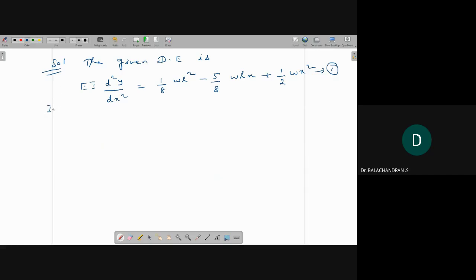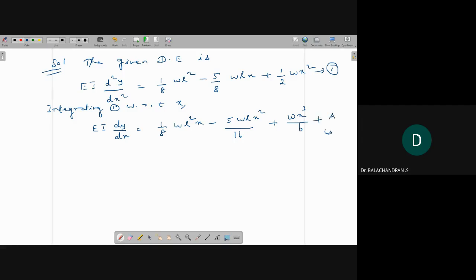integrating 1 with respect to x, we will get EI dy by dx equal to 1 by 8 omega L square x minus 5 omega L x square by 16 plus omega x cube by 6 plus a.